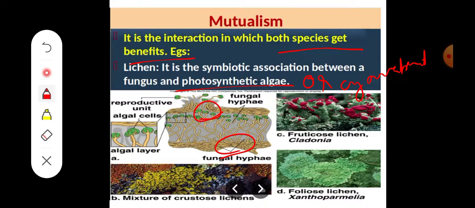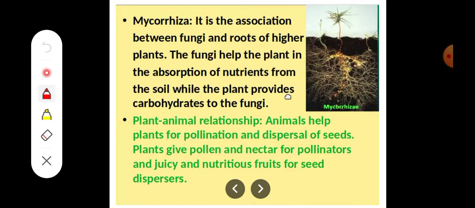So they both live together and both are benefited. And another example is mycorrhiza. It is the association of fungi and roots of higher plants. In the roots of higher plants we can find these fungi growing, and we call that association mycorrhiza.